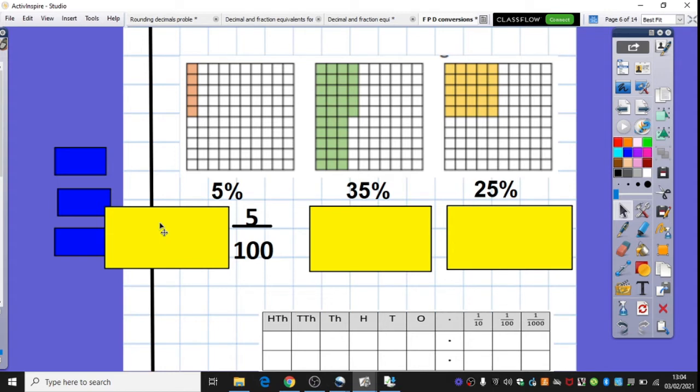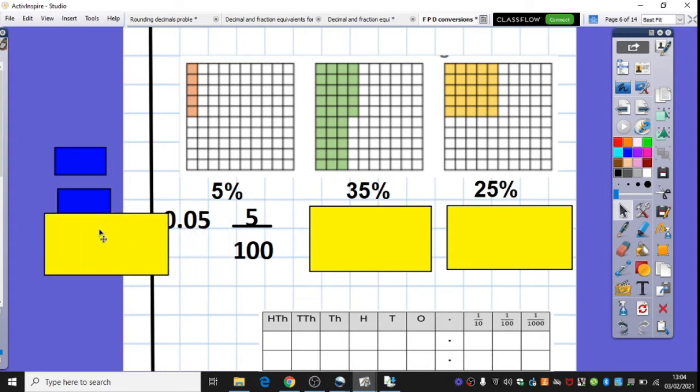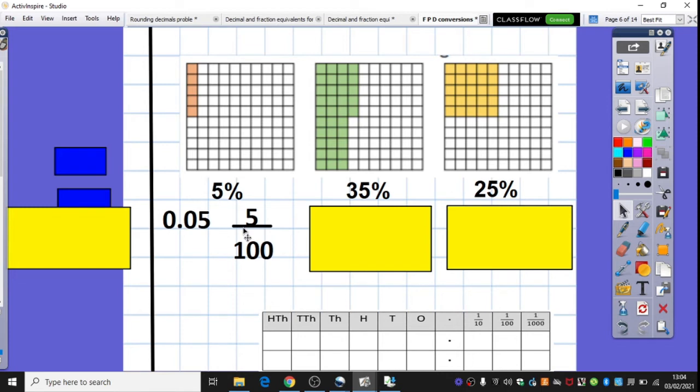And 5 hundredths we can record as a decimal as 0.05. Remember, that's 5 hundredths, 5 out of 100. Remembering there, it's not 0.5, that would be 50 hundredths, which is equivalent to 5 tenths. It's 5 hundredths.